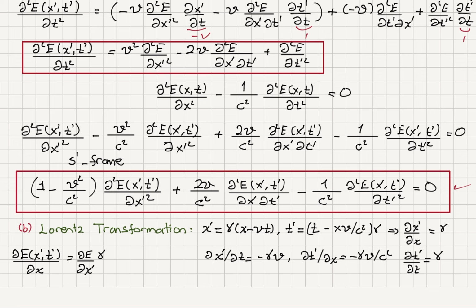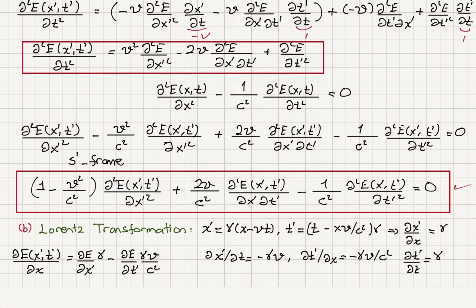Then we need del E del t prime times del t prime del x, which is minus gamma v over c squared.